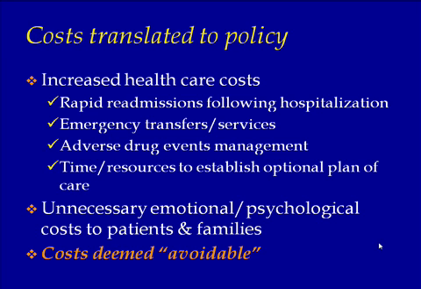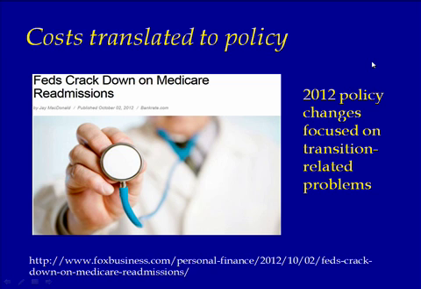And then the time and resources that it takes to establish what the optimal plan of care is when that could have been done earlier, communicated more effectively, and we could avoid the problems that are listed on the slide. So there are increased healthcare costs, and there are also increased and unnecessary costs to the person and to society that lots of us are considering to be quite avoidable if we would pay better attention to these transitions. So the costs translate into policy.